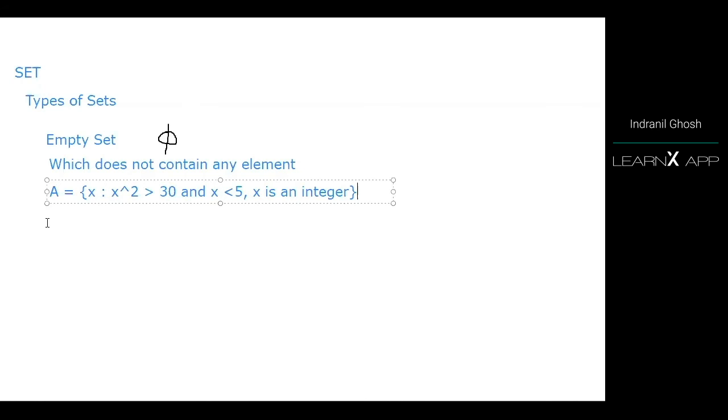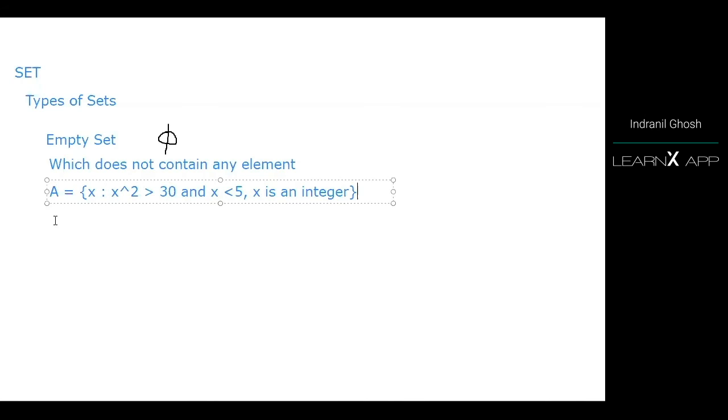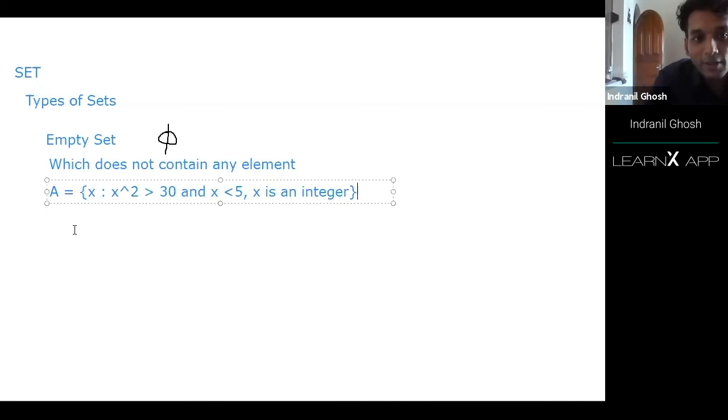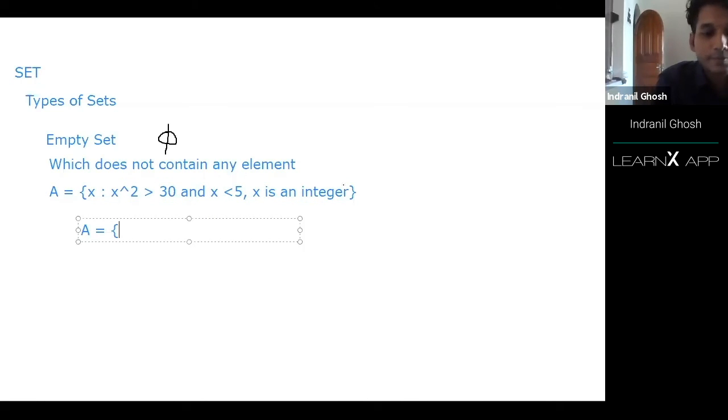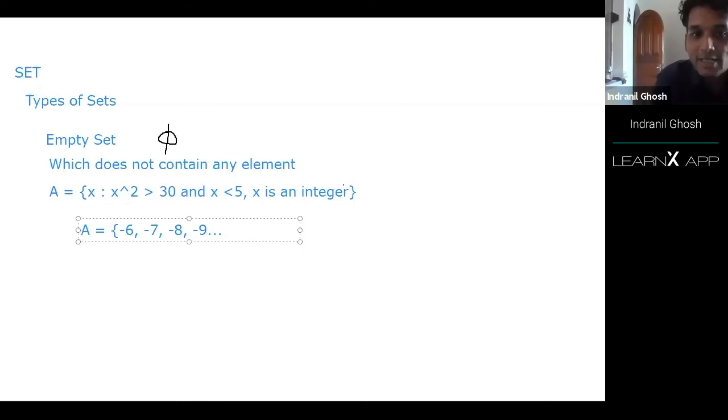No. Just observe one thing, what is given here: x is an integer. So x can be a positive integer, and can be a negative integer also. In this case, we can have x equal to -6, -7, -8, -9, and so on.